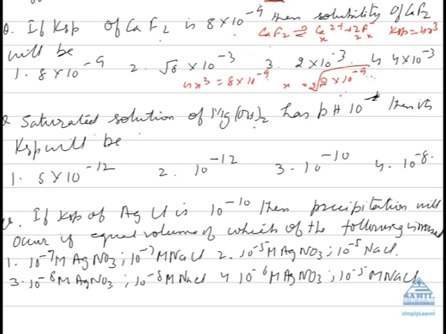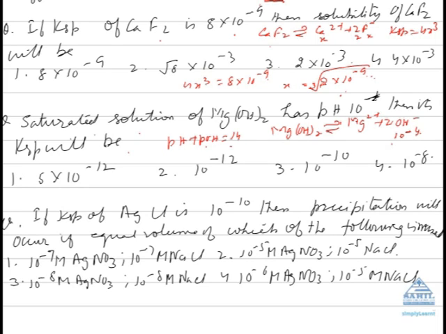Saturated solution of magnesium hydroxide has pH 10, then its Ksp will be, magnesium hydroxide when dissolved in water will give you magnesium ions and OH ions. So pH is 10, it means concentration of OH ions is equal to 10 to the power minus 4, because for a solution pH plus pOH is always 14. So pOH will be 4.